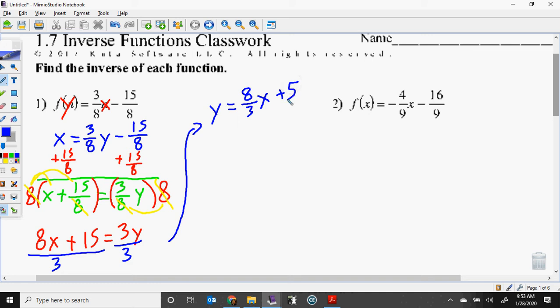Alright, and I have this equation. And the last thing I'm going to want to do is, well, I changed f of n to y, so I'm going to change it back. I'm perfectly okay with leaving them in terms of x, but I need to write it like this: f negative 1 of x. That little negative 1 you see right there, that's what tells me that my final answer is an inverse.